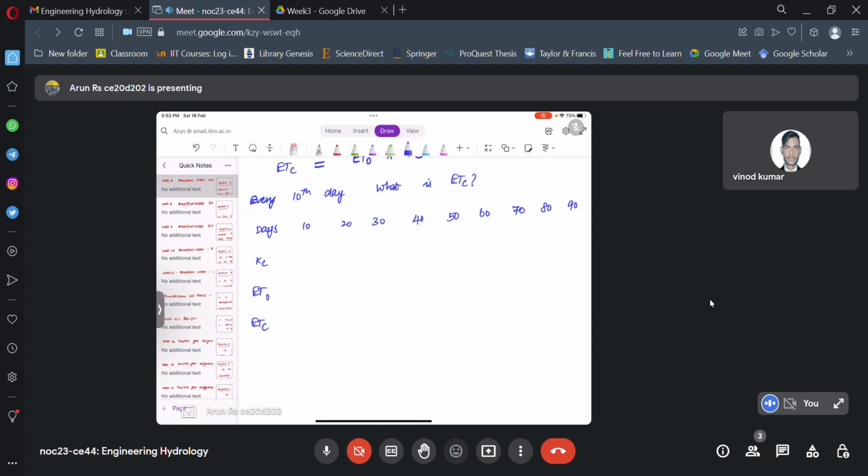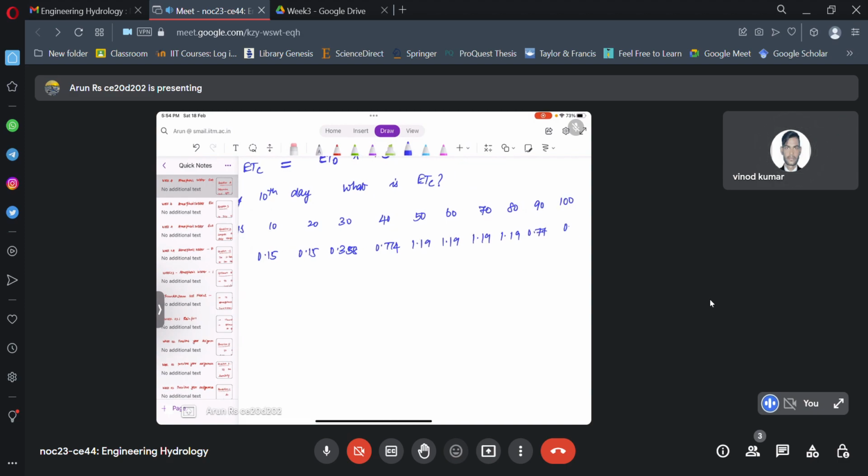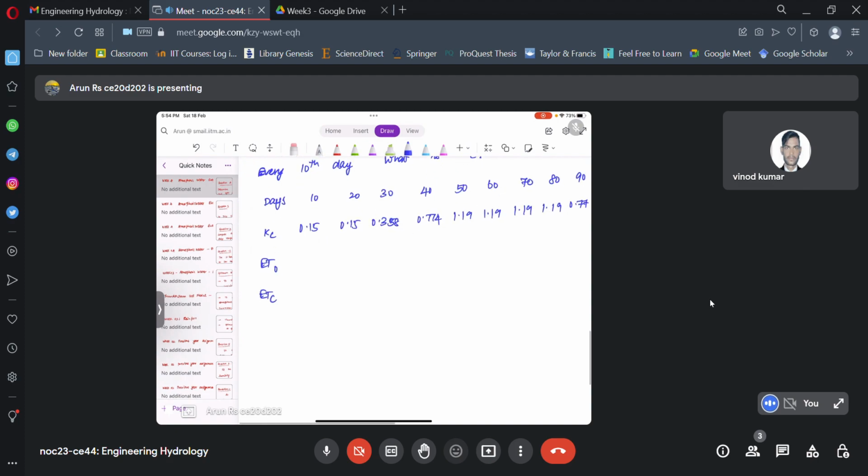So wherever it is constant, we can write directly, and wherever it is not constant, we can do the linear interpolation. So this is 0.15, again 0.15, this is 0.358, 0.774, 1.19, 1.19, 1.19, 80th day is also 1.19. 90th day again it decreases, and your 100th day is 0.35, that is the last value.